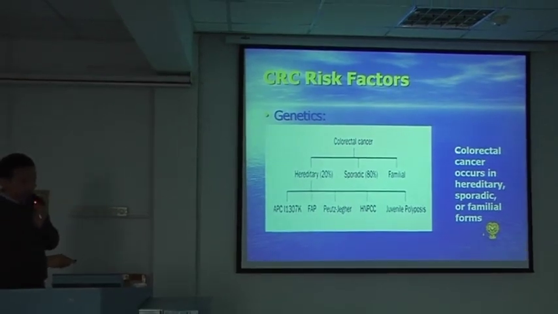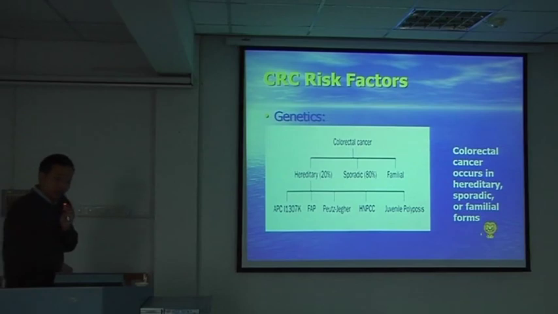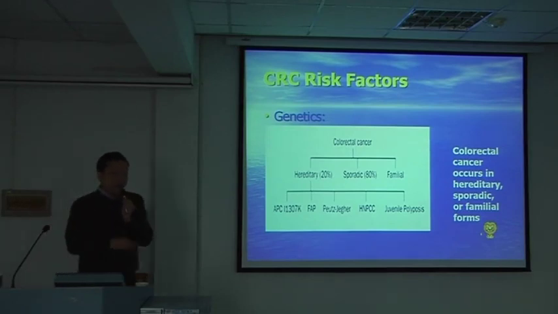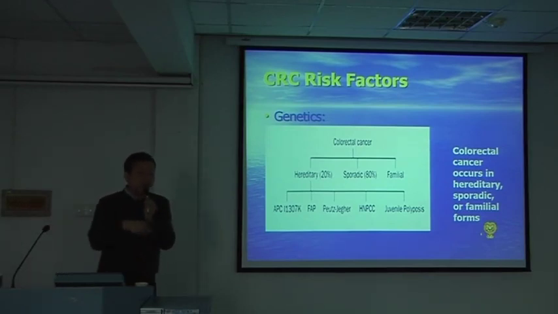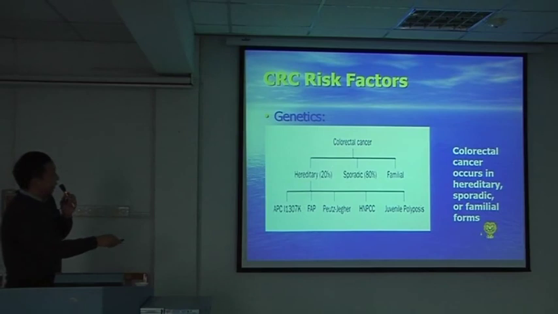So nowadays, colorectal cancer has 3 different ways. Mostly what we find is sporadic, 80%, and 20% is hereditary. They are not the same. The manifestation, treatment, and outcome are the same, but the pathogenesis is not the same.